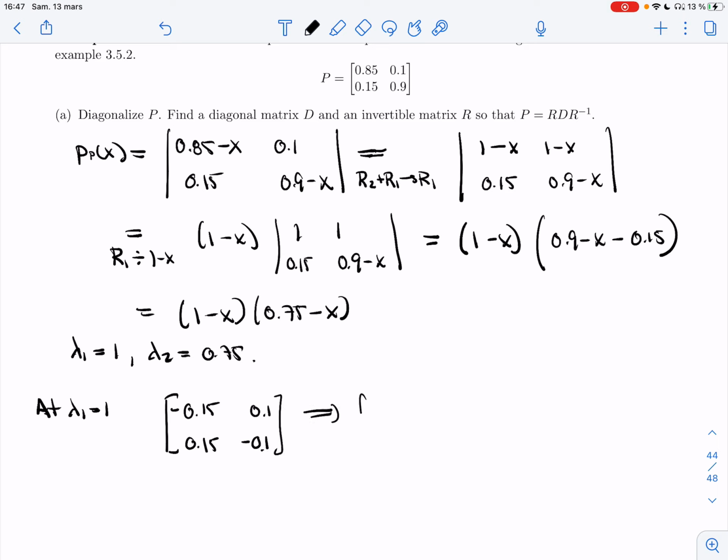And when I reduce this, I'm going to get 1, minus 2/3, 0, 0. And so I'm going to take a free variable here: x is 2/3 s, y is s. And so I'm going to get my first vector. Let's not call it p, it's a bit too many p's here. I'm going to take s equals 3, so I'll get (2, 3).